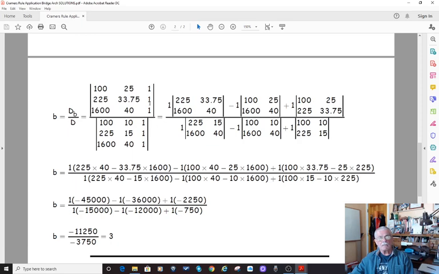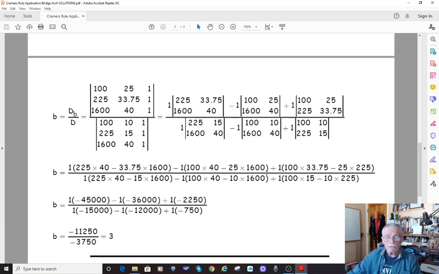Expanding along column 3. We begin with this element here, which is a positive, right? Positive, negative, positive, right? That's why we get these values. And if we eliminate the top row and the last column, we get 225, 33.75, 1640, okay? Similarly, we get these other minors.